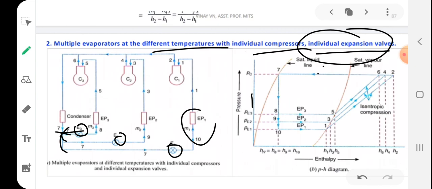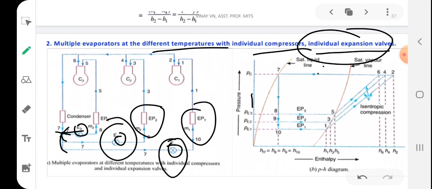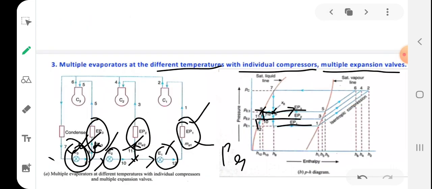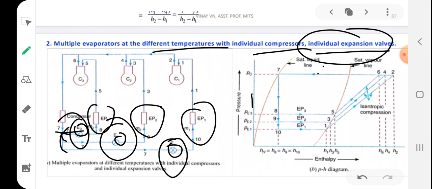But in the other case, for EP1, only E1 is doing the job. For EP2, only E2 is doing the job. For EP3, only E3 is doing the job. So each evaporator has its own separate expansion valve. That is the difference. In this pH diagram, you can see that there is no splitting; it is the same line.